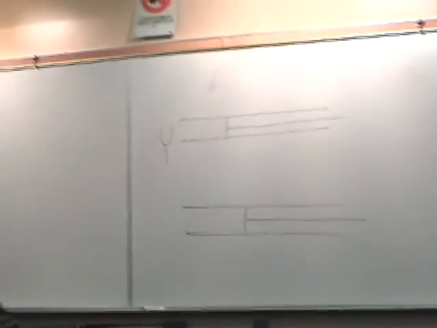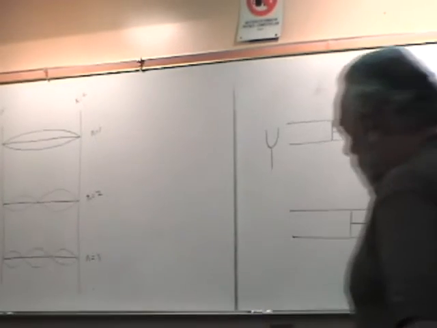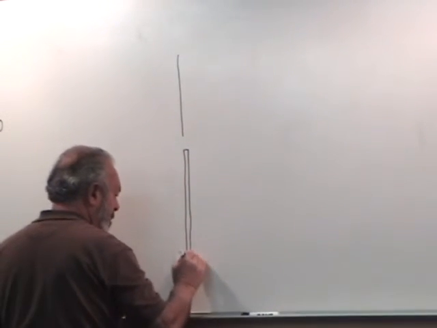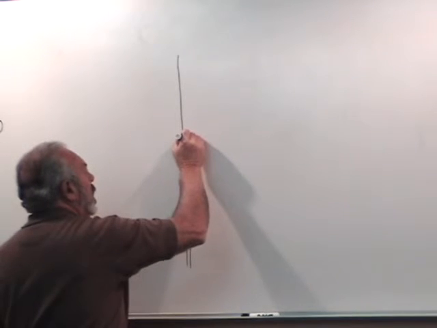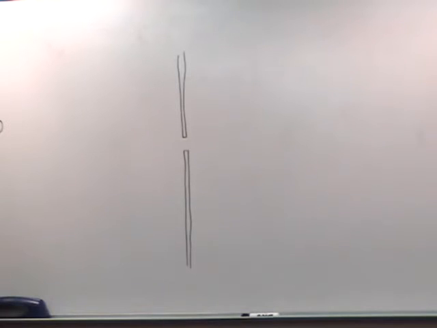I'm going to move the old fishbone out of the way here, because I want to set up something else in just a minute. But before I do, a good example, I just saw it recently, is the entrance to Long Beach Harbor.